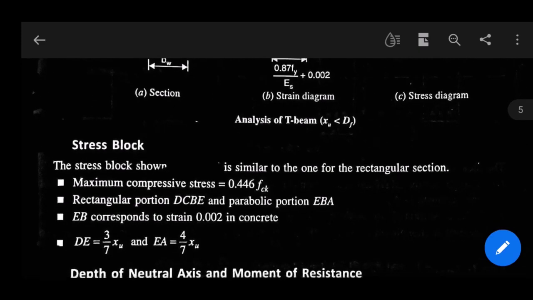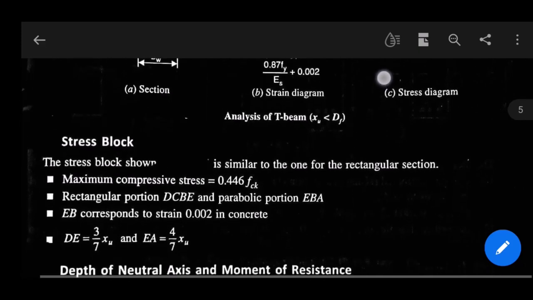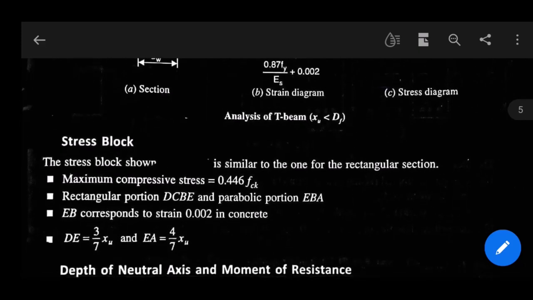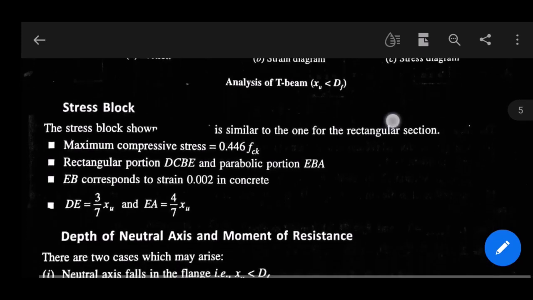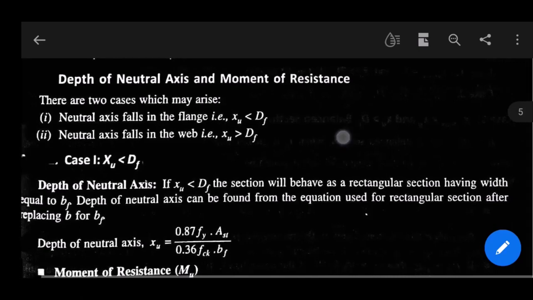EB corresponds to strain 0.002 in concrete, right? And DE is 3/7 of XU and EA is 4/7 of XU.